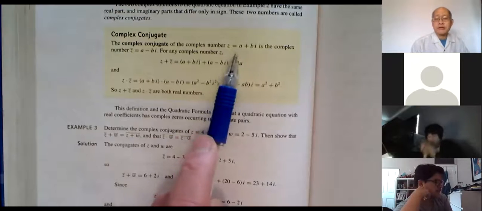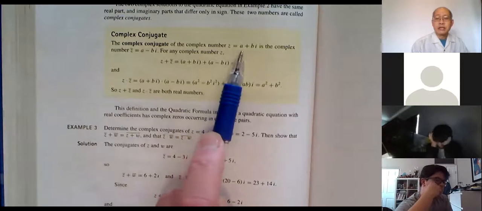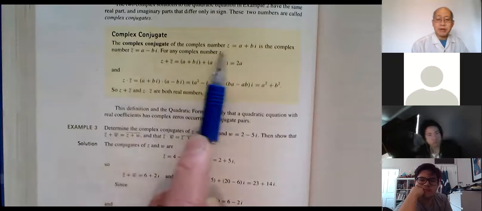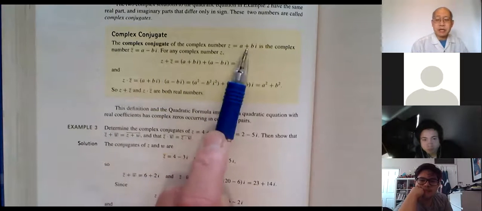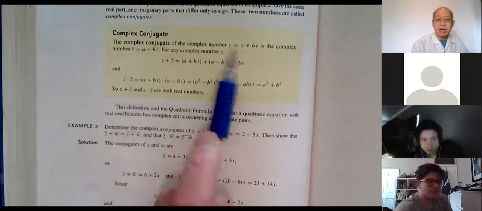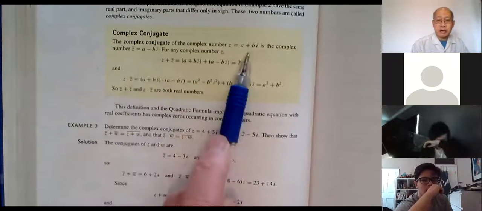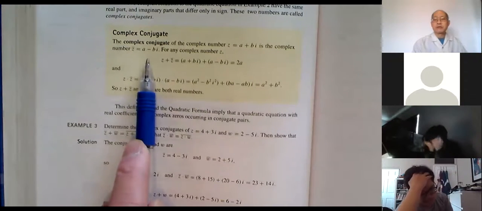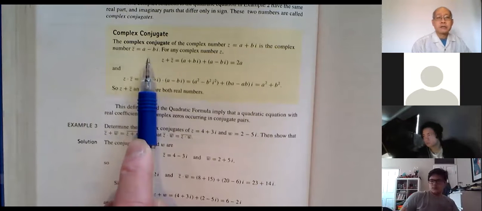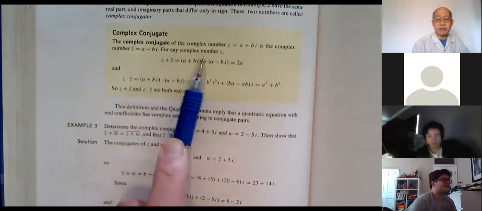So for instance, if they give me 3 plus 4i, the conjugate is 3 minus 4i. Notice it's not the same as opposite. Opposite means you change both signs. The conjugate, you leave the real part alone. See, the a stays the same. You only change the sign of the imaginary part. So plus b, minus b. Okay? So if I say 7 minus 2i, the conjugate is 7 plus 2i. You only change the sign of the imaginary part.